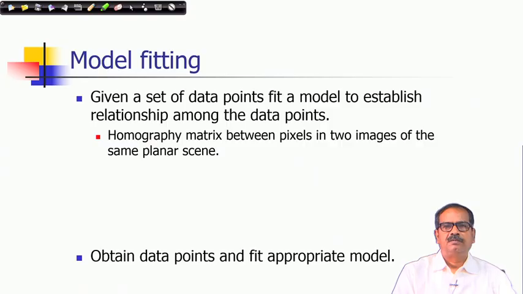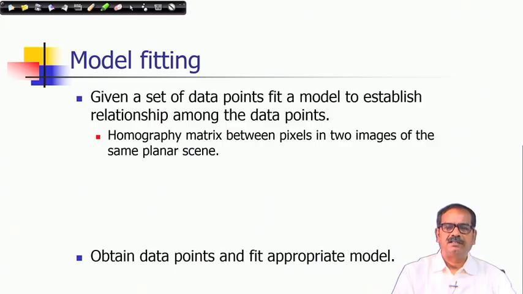For example, if you know that between corresponding pixels in two images there exists a homography, then computing the homography matrix is itself a model fitting problem. We have already discussed its solution.